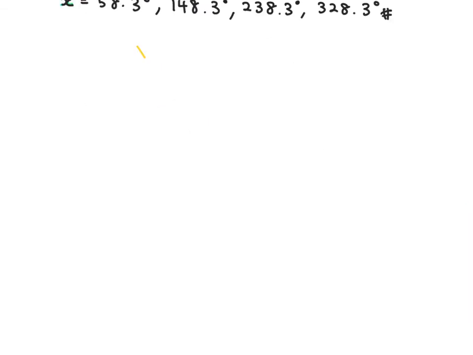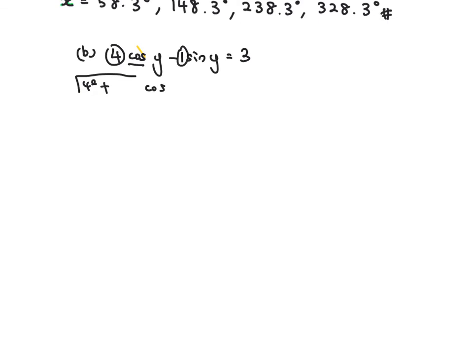We will move back to part B and solve the equation. So part B says 4 cos y minus sine y equals 3. Now since cos is in front, I'll use the R formula involving the cosine function, and the number in front will be the square root of 4 squared plus 1 squared. For cosine, since you are using the cosine function, the sign here must change to a plus.